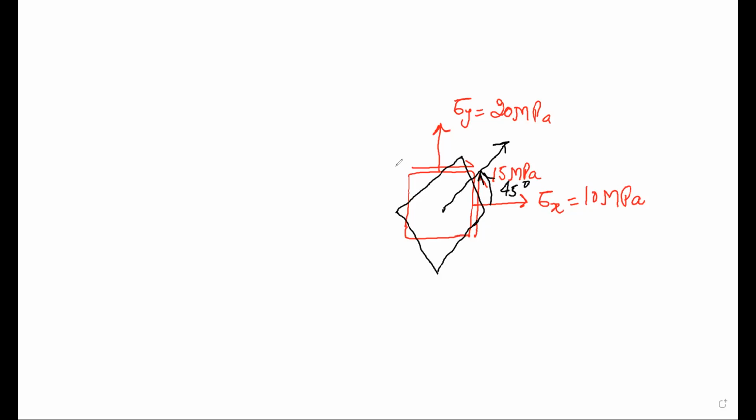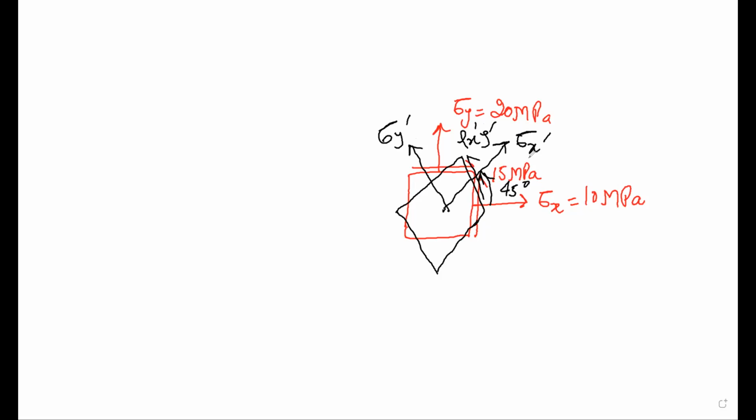Okay. So now the question is, what is the normal stress in this direction? What is sigma x prime? What is sigma y prime? What is tau x prime y prime? The previous method that we already know is the Mohr circle method. Now we can make use of the transformation equations.